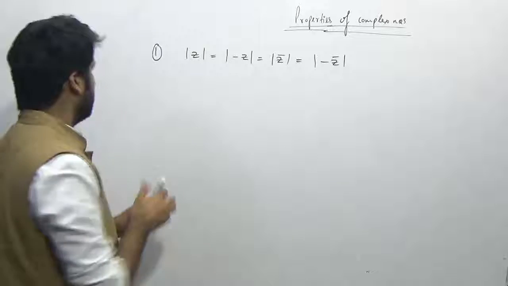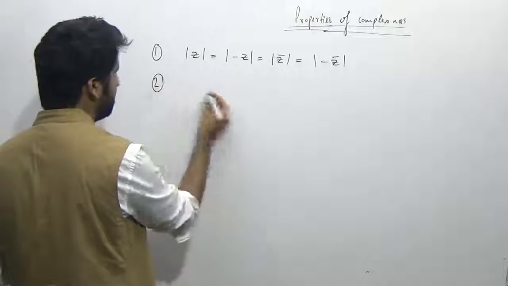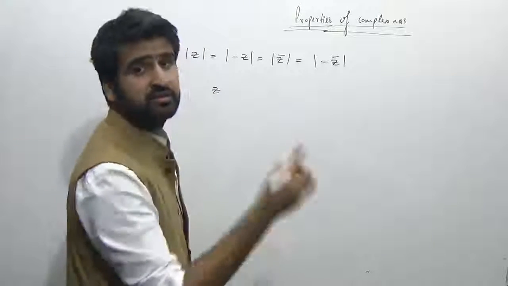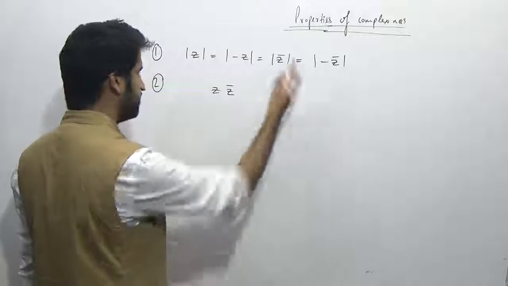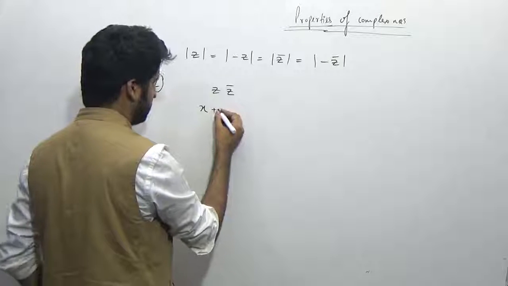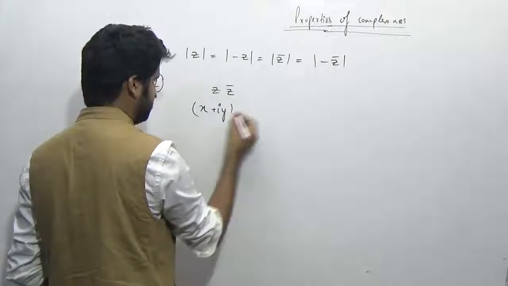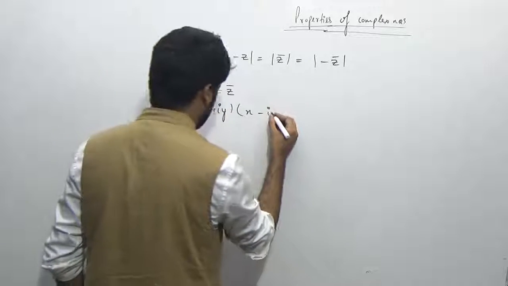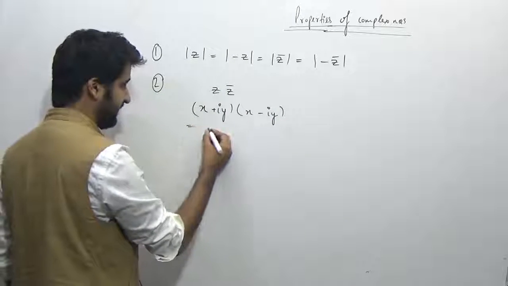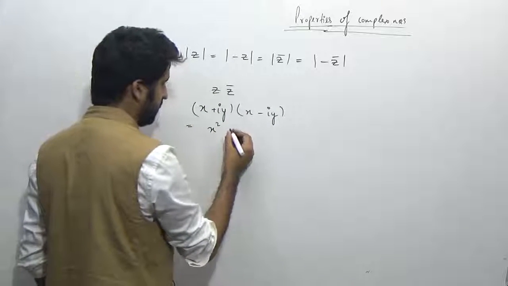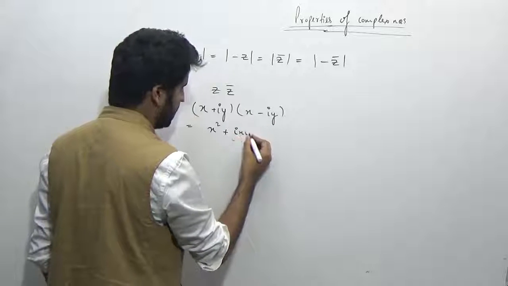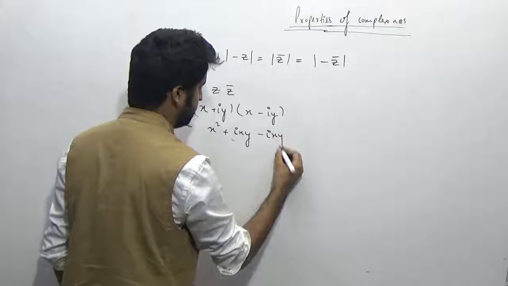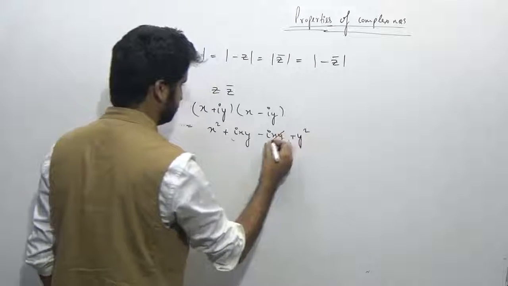So let's see what will happen if I multiply a complex number with its conjugate. Let's solve this by algebraic operations. This will become x square plus 2 iota xy minus iota xy plus y square.